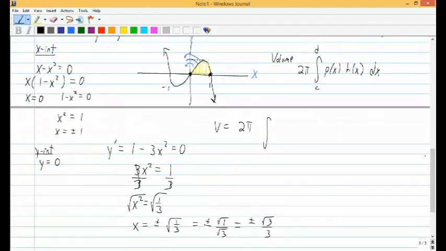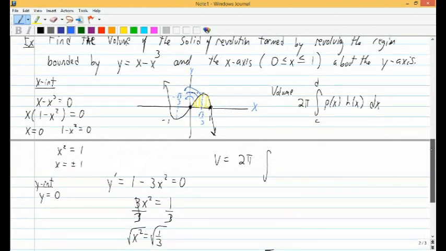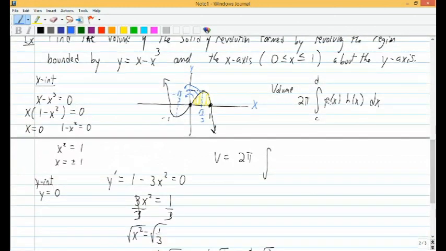So if I had to guess, right here, that's going to be an x value of positive square root of 3 over 3. And right here, that's going to be a negative x value of square root of 3 over 3. We don't need x values to set up our integral. We need, yes, do we need x values or do we need y values? I was looking at this right here when I wrote this down.